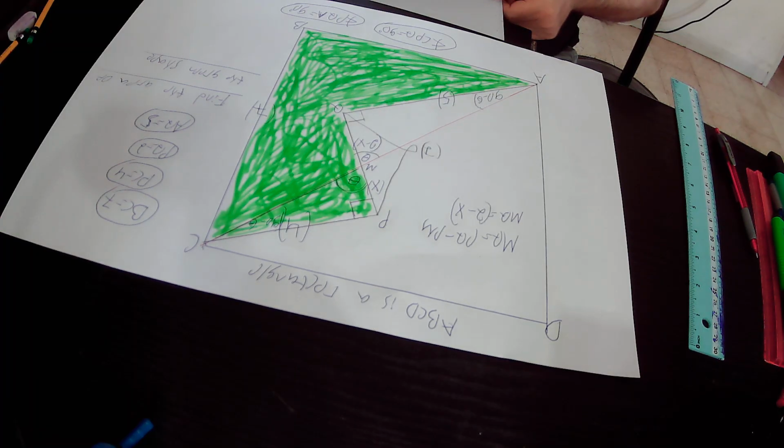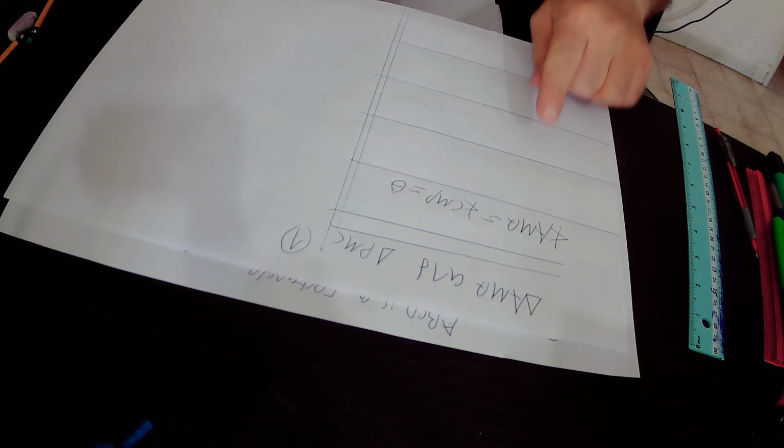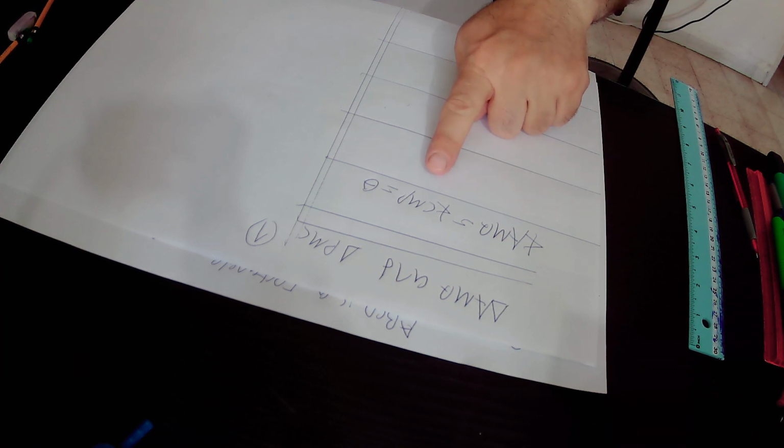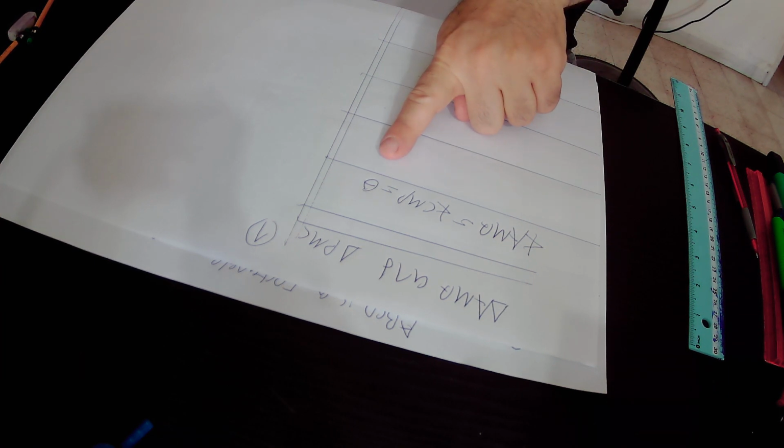Angle AMQ in the right triangle AMQ equals angle CMP in the right triangle PMC. They are both equal to theta.